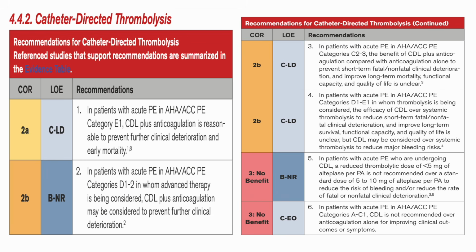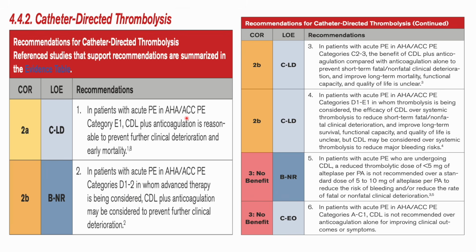What is this catheter directed thrombolysis that we are talking about? This basically, unlike systemic thrombolysis, is a technique where we are delivering fibrinolytic therapy directly to the pulmonary arteries through this catheter. And why are we doing this? The objective is to achieve effective clot dissolution using a lesser dose of a thrombolytic because you're using a catheter to direct it.